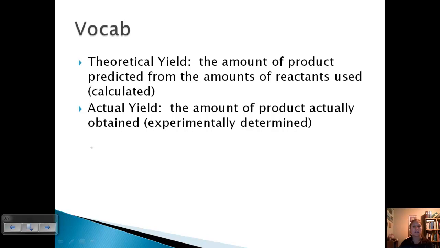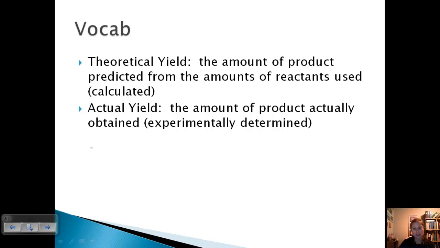So we're going to do a lab where, for some of you, I believe you're converting copper to silver, and you can determine the theoretical yield through calculations, and then the actual yield by actually massing out the product that's left, and then we can calculate the percent yield. Percent yield gives an indication of how efficient the reaction is.